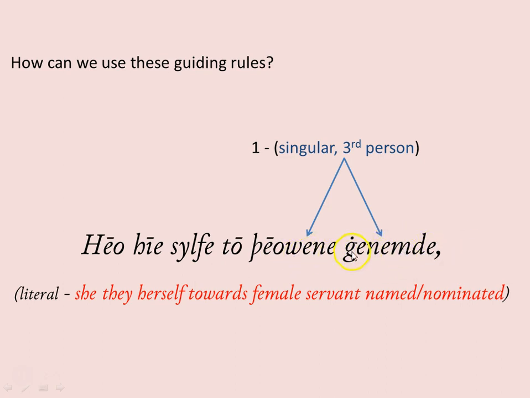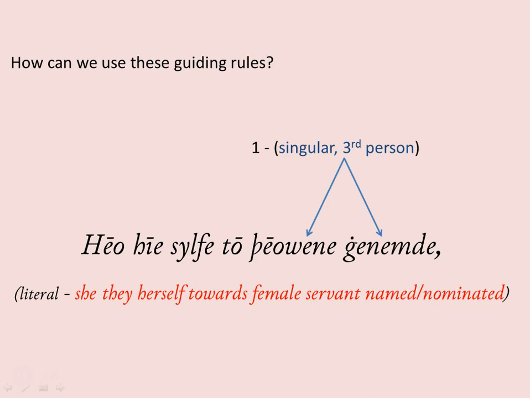And genemde can also mean nominated. So the servant girl here, named or nominated. Okay, so here we go. If we do a literal translation, it's she, here, they, sulva, herself, to, towards, theowena, female servant, genemde is named or nominated. But so what does that mean? We've done a literal translation, but how does that help us?